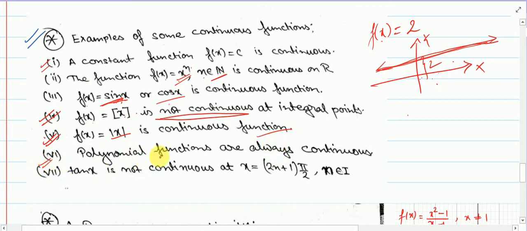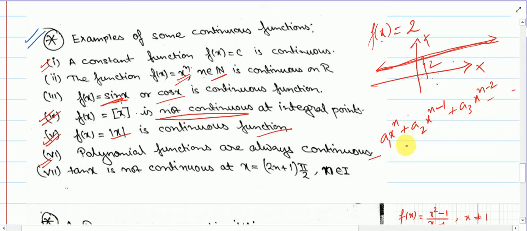Number 6, polynomial functions are always continuous. A polynomial function of degree n will be written like this. Let's say this is a1, a2, like this.